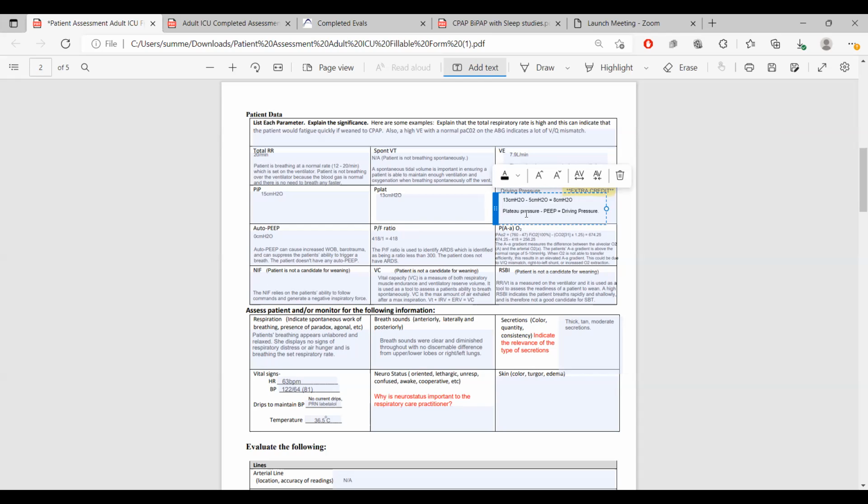Keeping it between 12 and 15 centimeters of water assures that you have safe ventilating pressures. Okay, safe ventilating pressures.